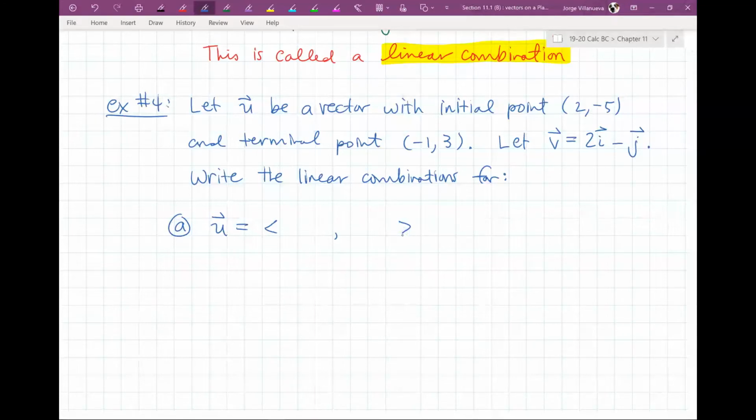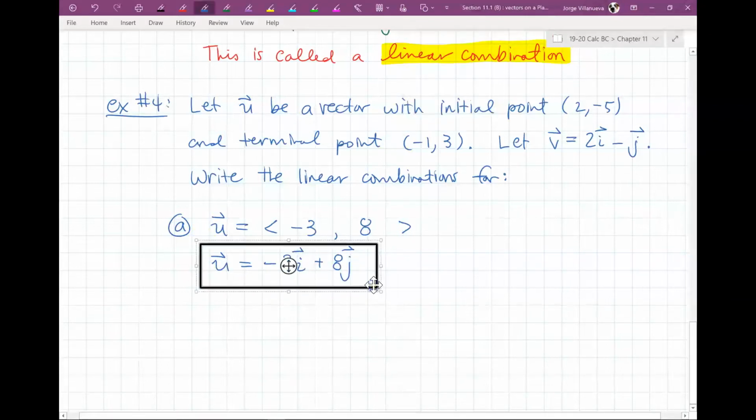So -1 minus 2, that's -3. And then 3 minus -5, that's 8. So the linear combination would look like this. -3i plus 8j. So that's not too bad, right? Just create the vector, rewrite it in the right format, and that's it. So that's the first question.